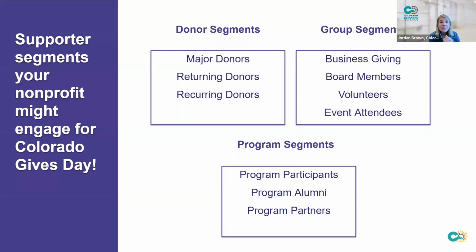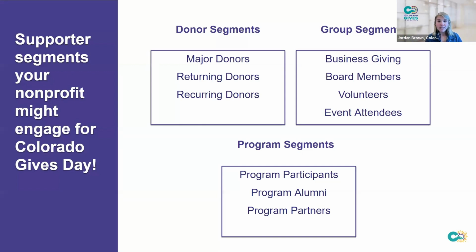Group segments, business giving, so businesses and employees giving as a group collectively to your nonprofit. Board members, volunteers, and event attendees. These are all people that are highly engaged and can do more than potentially just donate to your campaign for Colorado Gives Day. And last, but certainly not least, the people that you're serving.